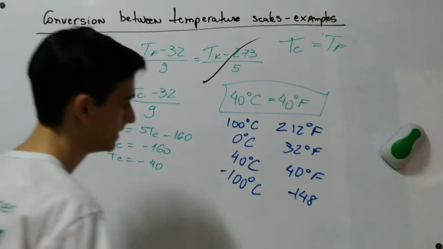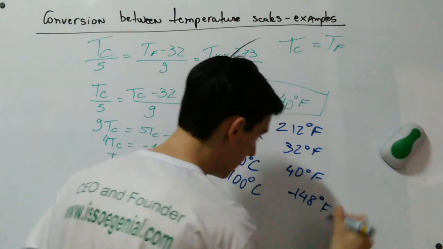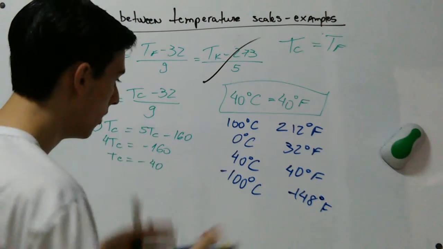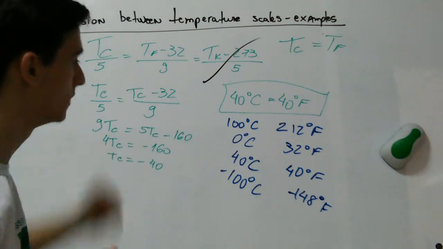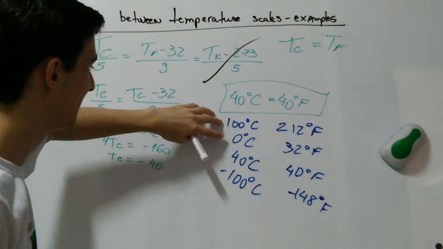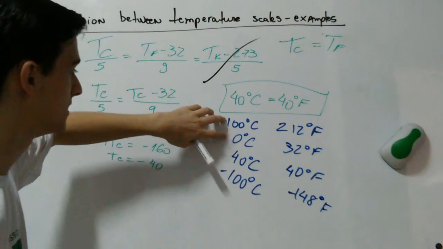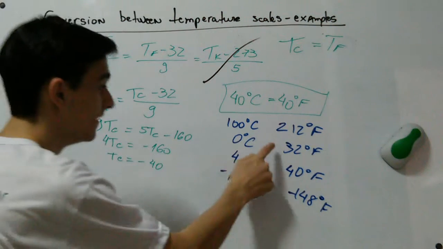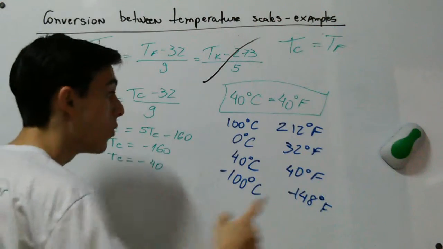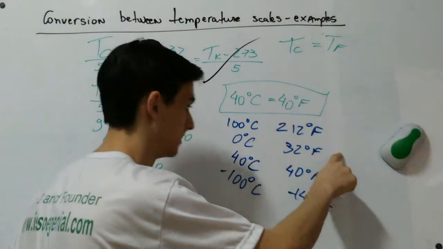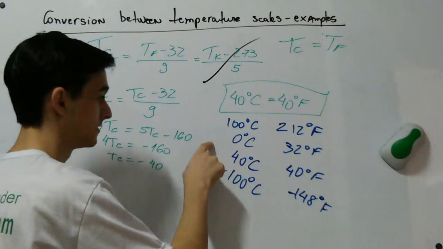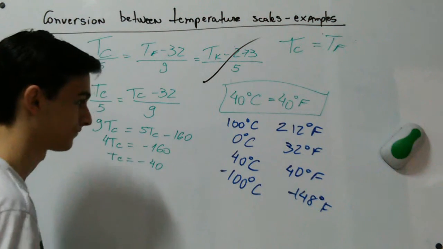You can calculate this if you want using the same equation. But what I want to say is, if you take a look from 100 degrees Celsius to 0 degrees Celsius, the Fahrenheit scale changed 180 when the Celsius just changed 100.